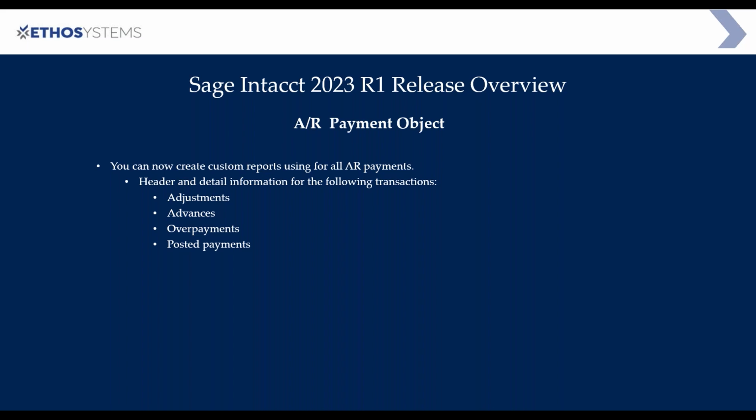So previously, we were unable to do that through the custom report writer. Now you will be able to create any custom reports using the information, again, both in the header and the detailed lines of these following transaction types within accounts receivable.